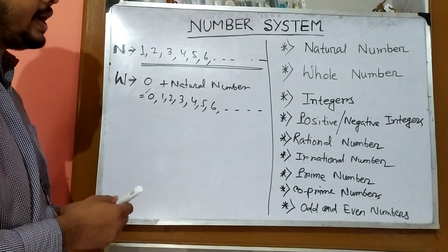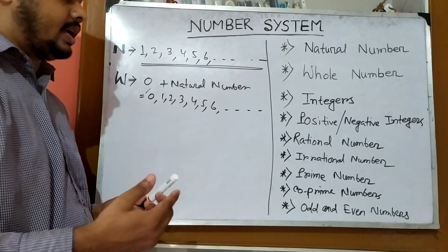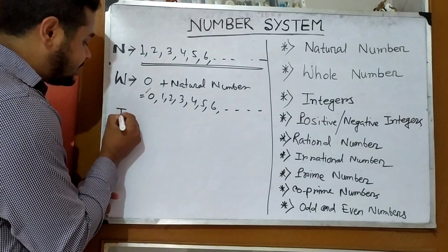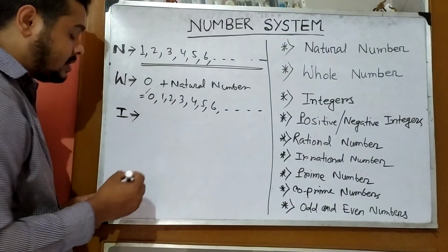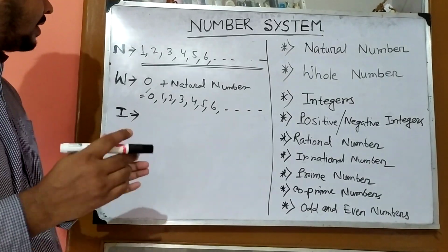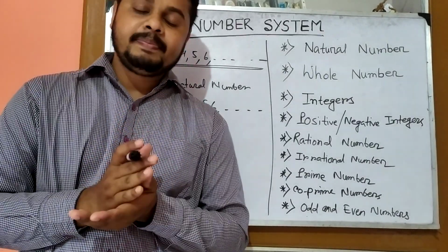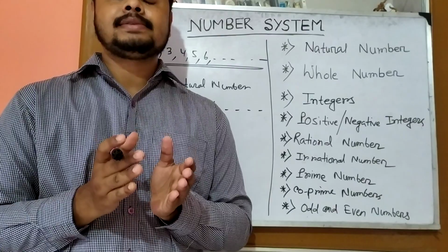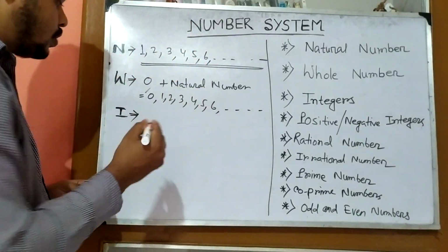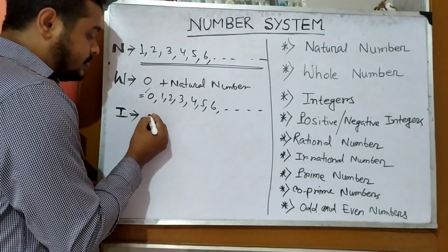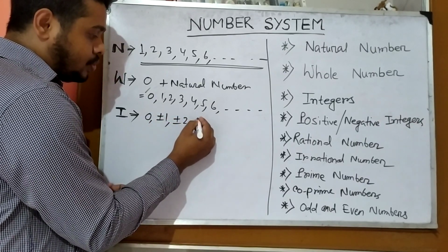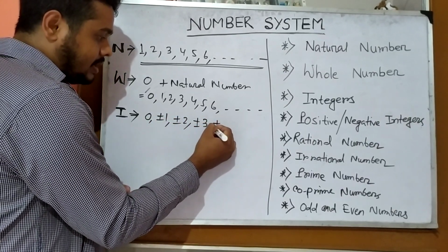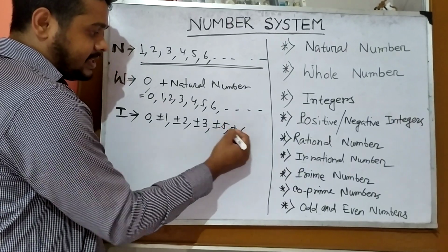Now our next point is integer. Integer is denoted by capital I. Integer means all the positive numbers as well as their negative numbers also. So 0, plus minus 1, plus minus 2, plus minus 3, plus minus 5, plus minus 6.